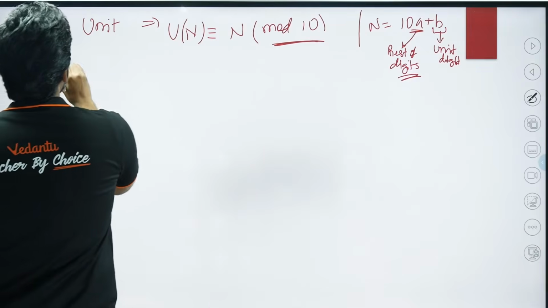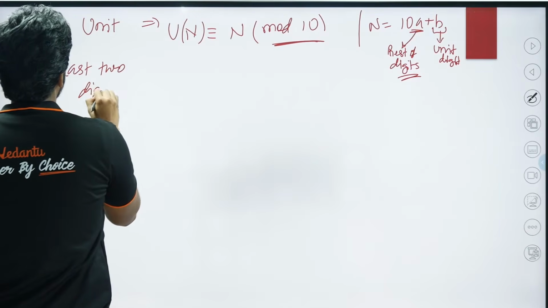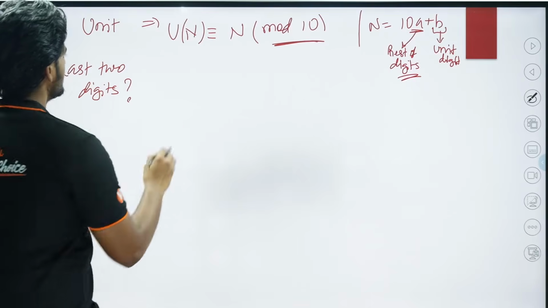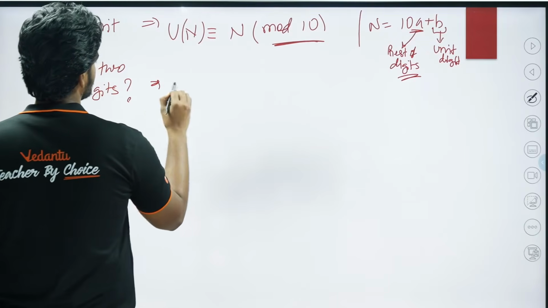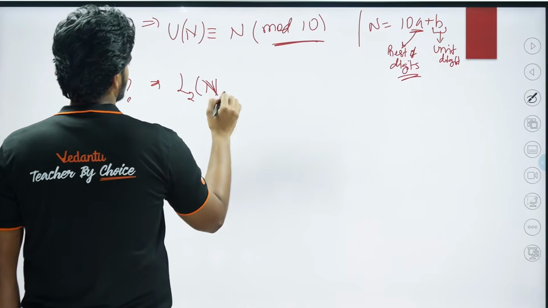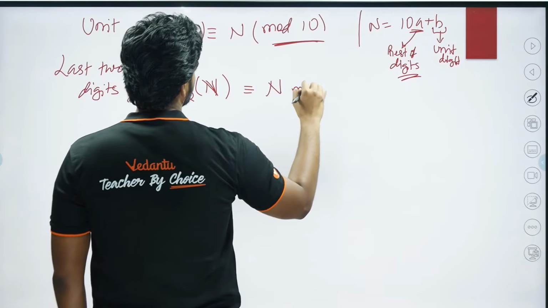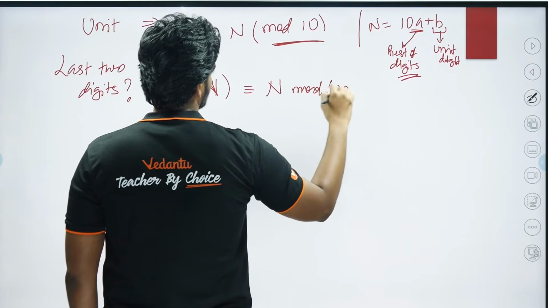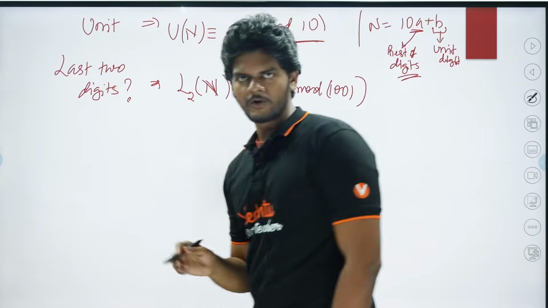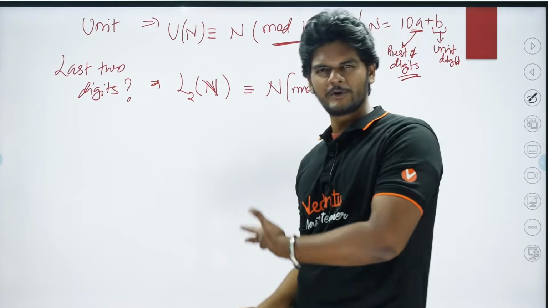So, what about the last two digits? Last two digits, let's say I am taking L2 of n, for last two digits. That is congruent to n mod 100, isn't it? Because the last two digits are mod 100, that should be obvious.